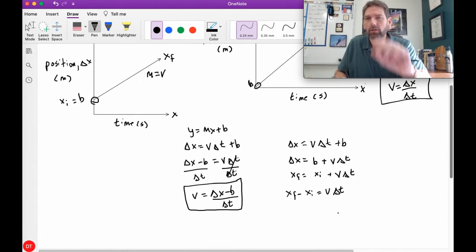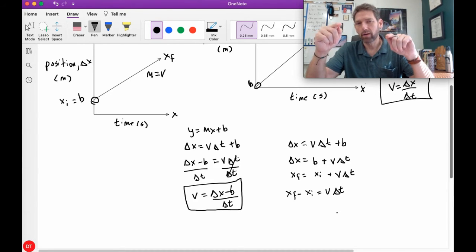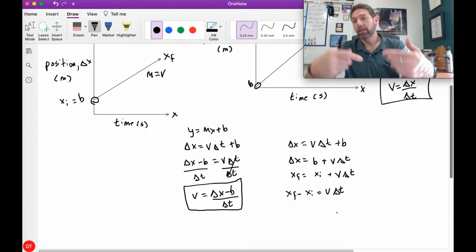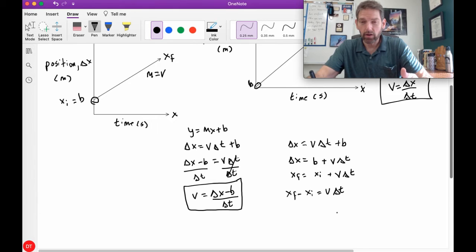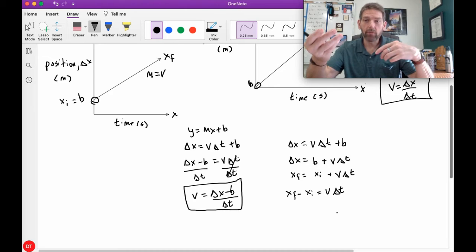Now that should look familiar because in your slope intercept form, you're always looking at delta y over delta x. You're looking at the y being the change in position, like y2 minus y1. In this case, we're just using f, right?